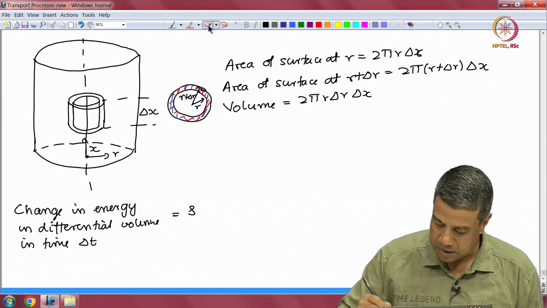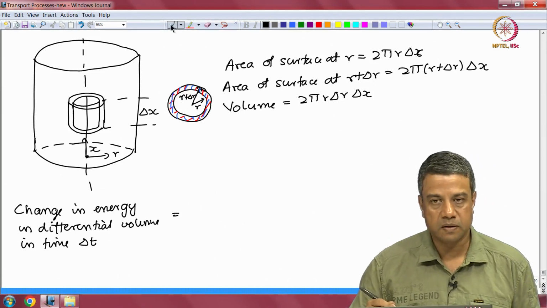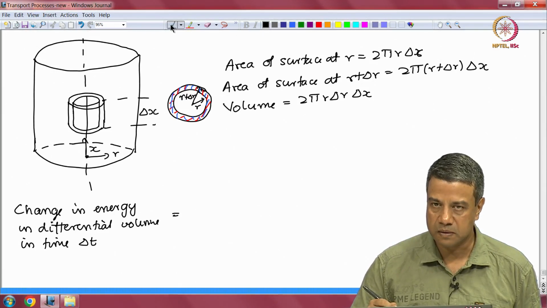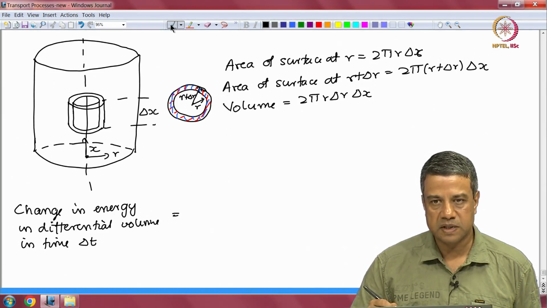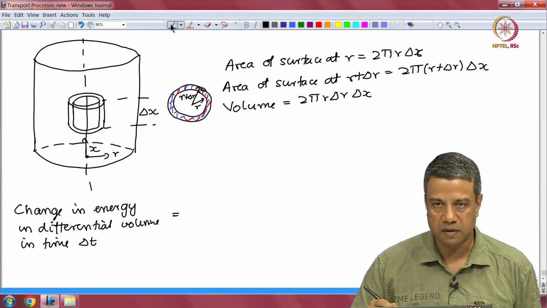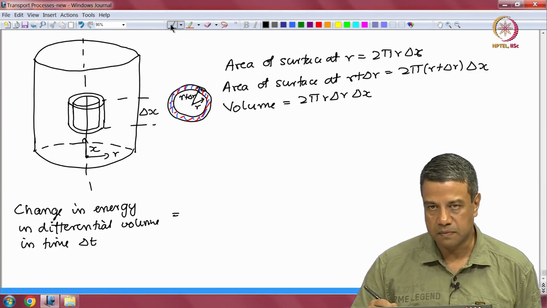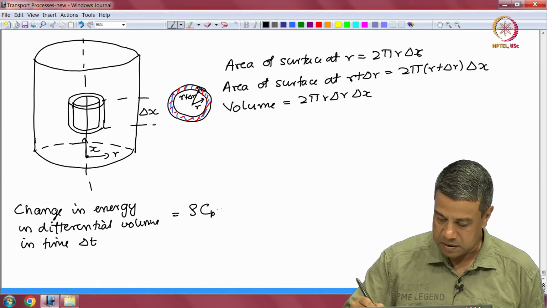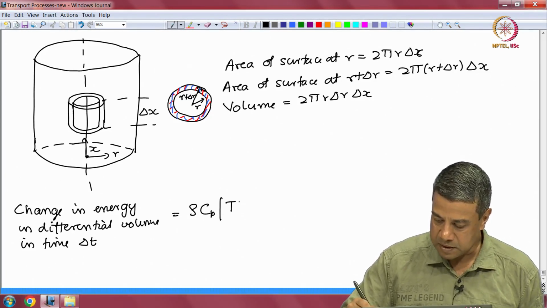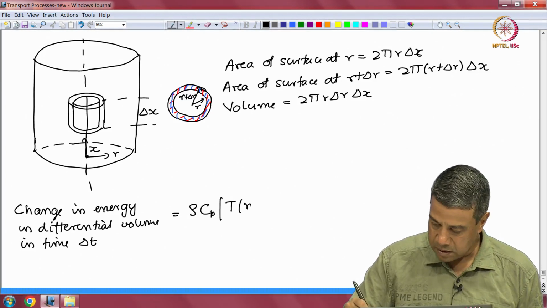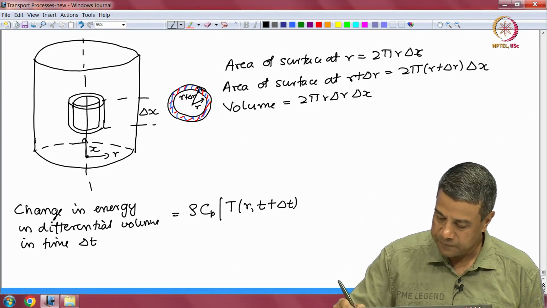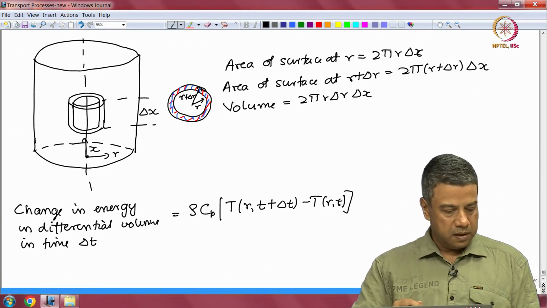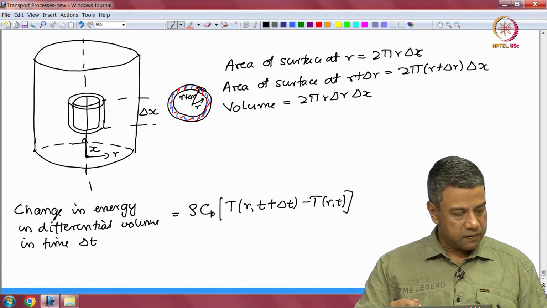Rho Cp, as we have been doing so far, I will assume that rho and Cp are constants, valid for incompressible fluids where rho is a constant, and I justified for you that Cp is a constant for most fluids over normal temperature ranges from 0 to 100 degrees or so. So, rho and Cp are constant, into the temperature at r, t plus delta t minus the temperature at r, t. That is the change in energy in the differential volume.